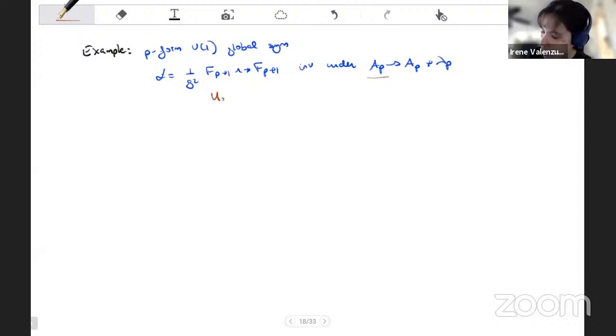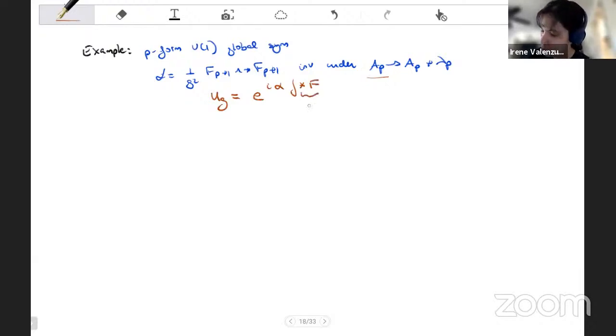You can compute as an exercise using Noether's theorem that the symmetry operator, which is the exponentiation of the integral of the current, is just the integration of the field strength.